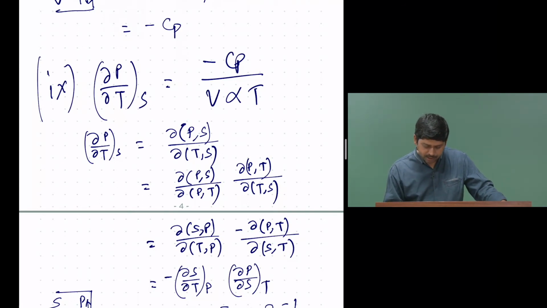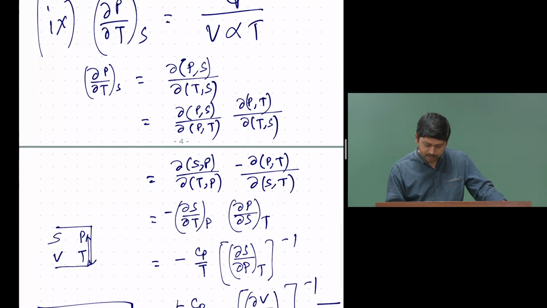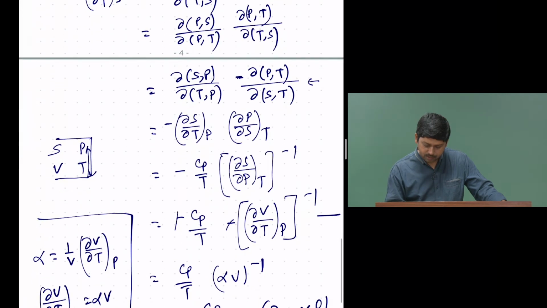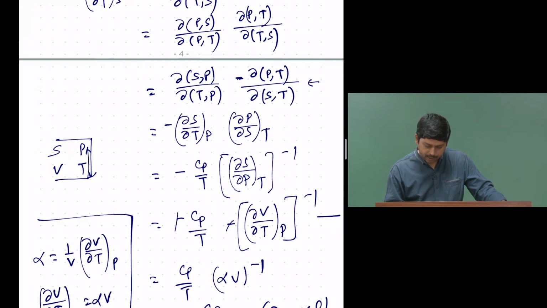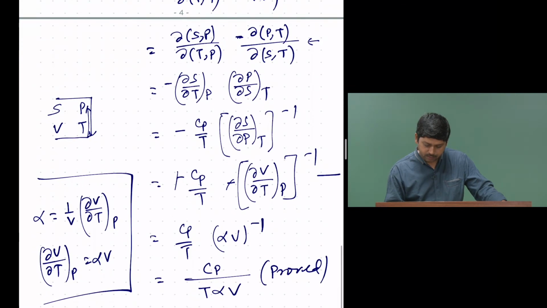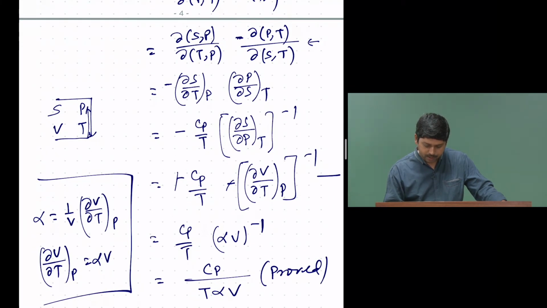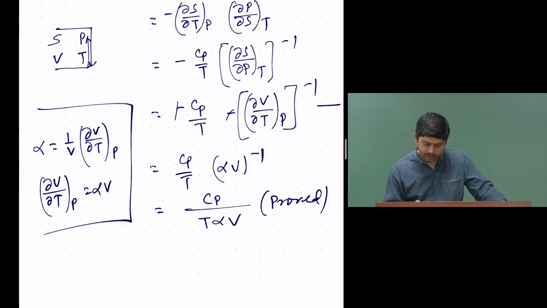So, del P by del S, (P,S) and (T,S), (P,S) and (P,T), (P,T), then (S,P), (T,S) and then (P,T), (S,T). This minus sign comes because of interchanging of that one, and then (S,T), (P), that is fine, then (P,S), that is also fine, then that minus sign is there, (S,P,T) inverse, that is also fine.